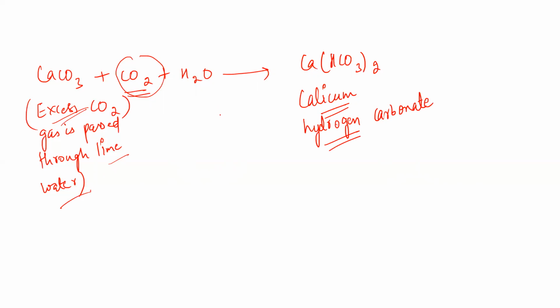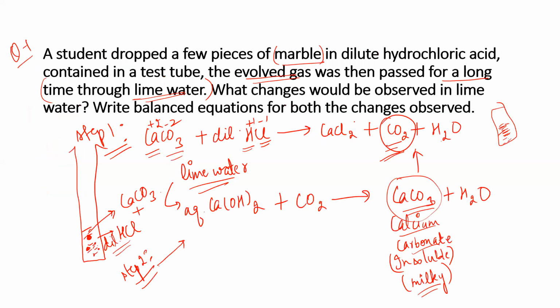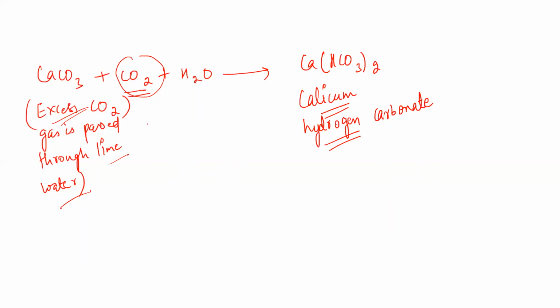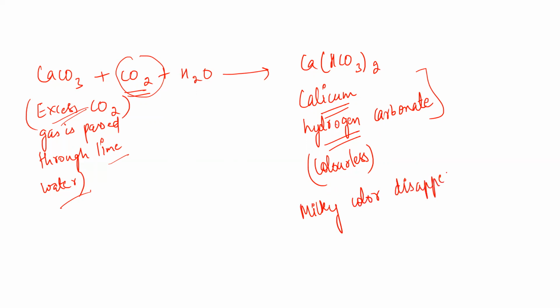So first of all, the solution turns milky, and later on, if we continuously pass this gas, then a colorless solution will be obtained. The milky color disappears and a colorless solution is obtained.